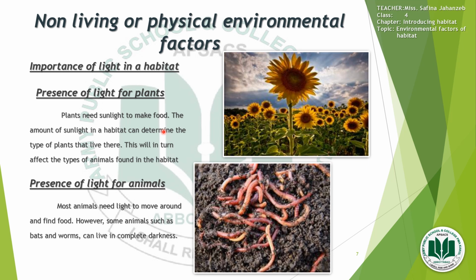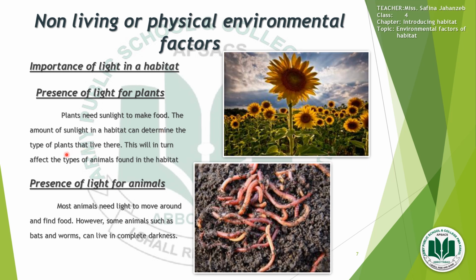As we know, light or sunlight is very important for all types of plants. Plants can survive in the presence of sunlight. Plants are able to make their food in the presence of sunlight.